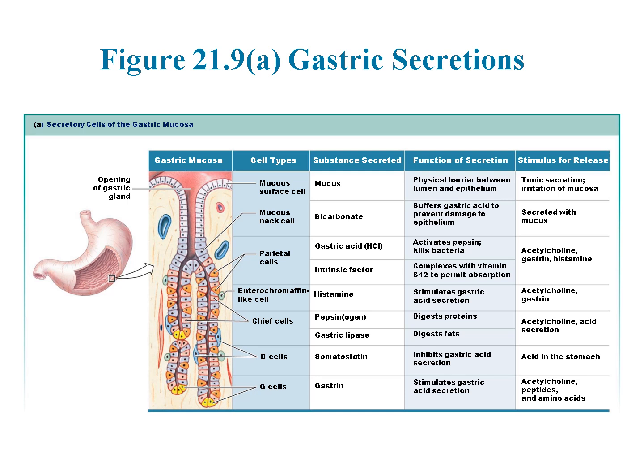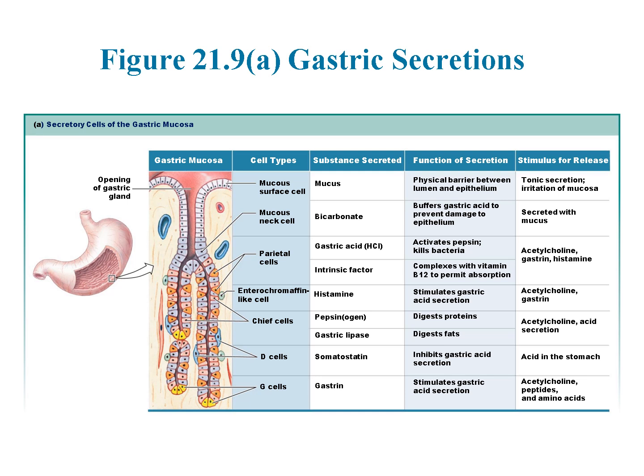To regulate acid production, these cells secrete somatostatin, a hormone that inhibits gastric acid secretion when acid levels in the stomach become too high. Finally, G cells secrete gastrin, a hormone that stimulates acid production. Gastrin is released in response to acetylcholine, peptides, and amino acids, signaling the stomach to increase digestive activity.